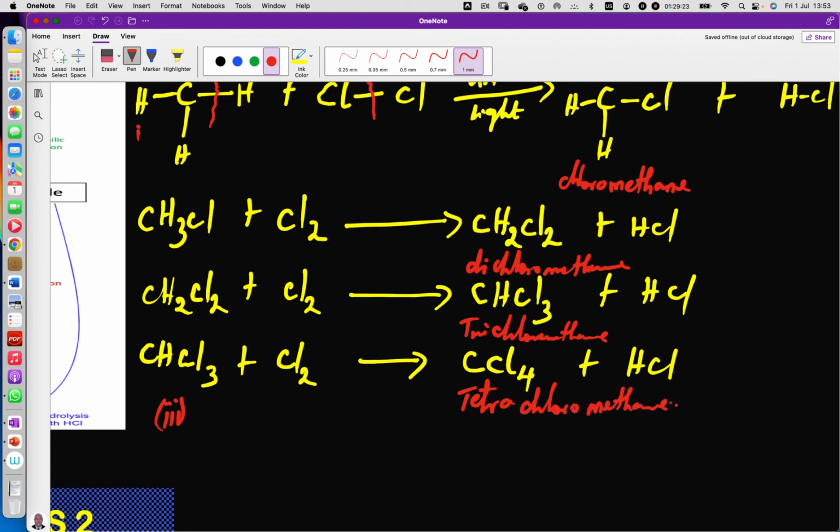That is how the normal halogenation, the normal substitution of chlorine, will take place.